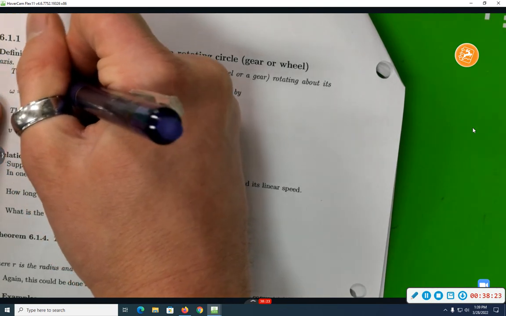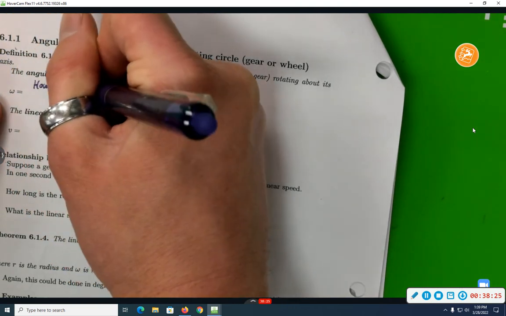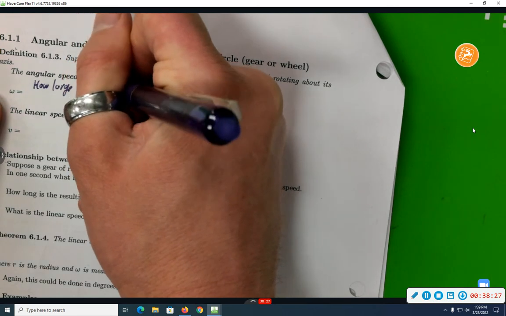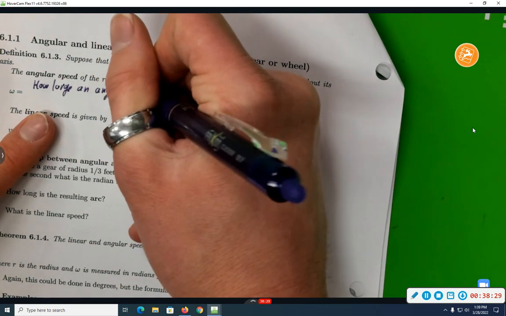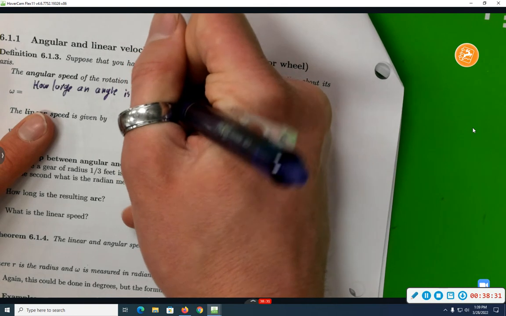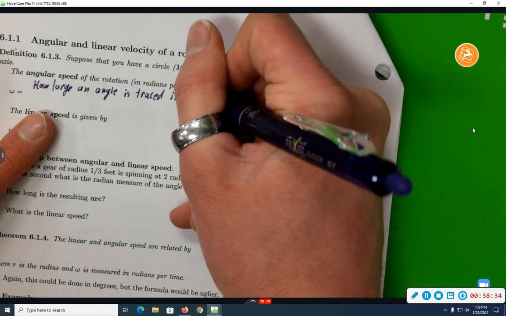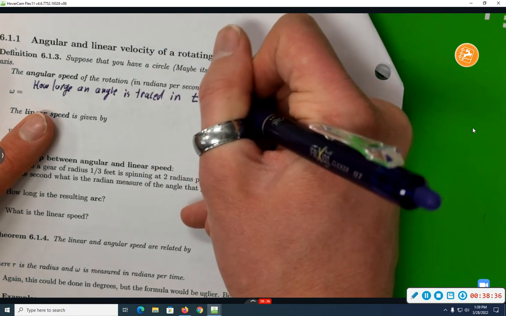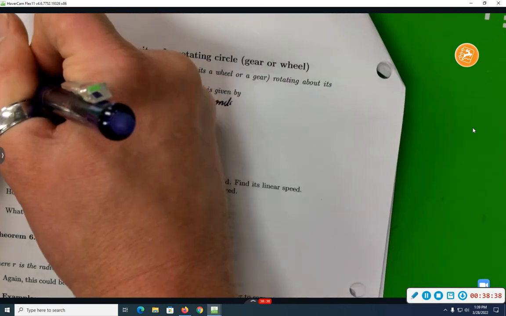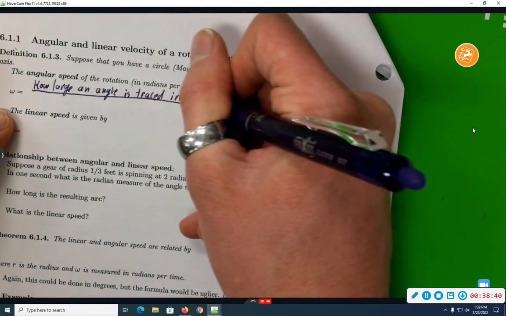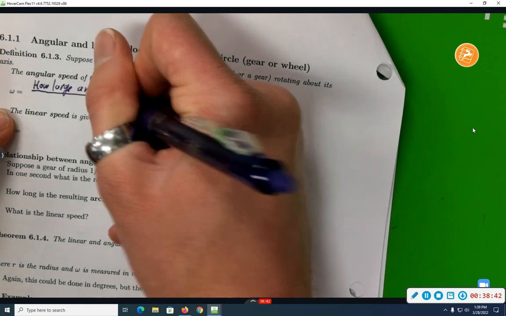How large an angle is traced in t seconds divided by t seconds.